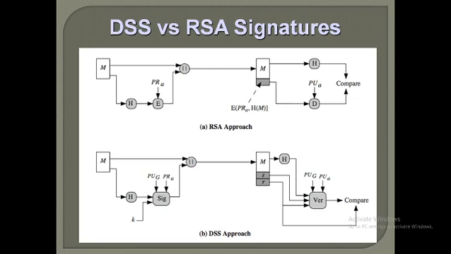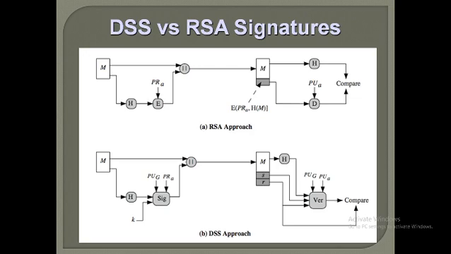Again, the message is hashed, and then it is verified with the S and R components being decrypted using the global public key and also the user's public key. Then R is compared and verified at the other end. So this is the DSS approach.